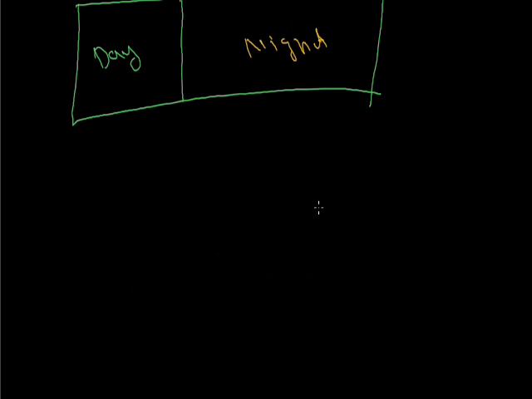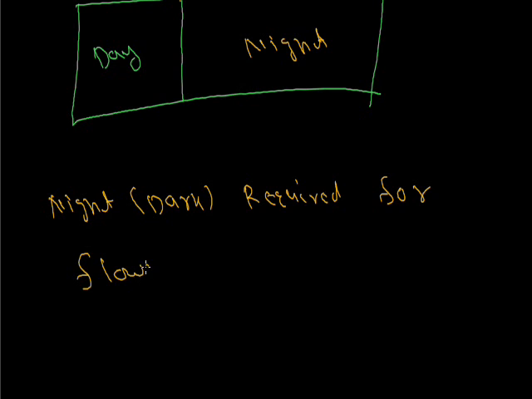The dark period is required for flowering in short day plants.